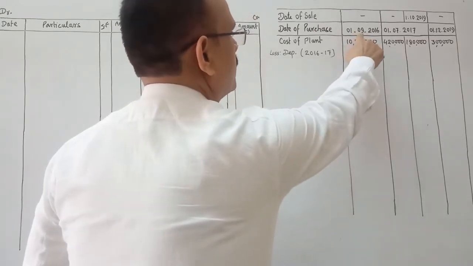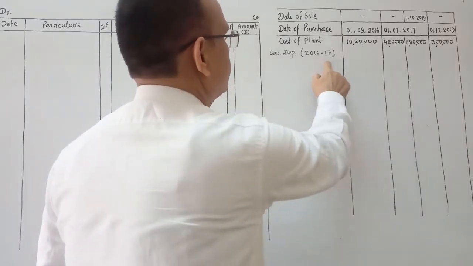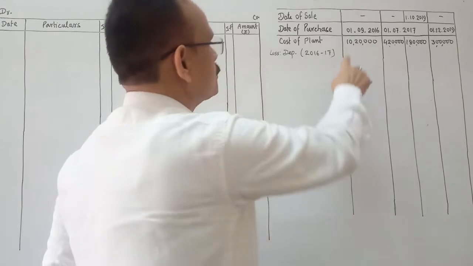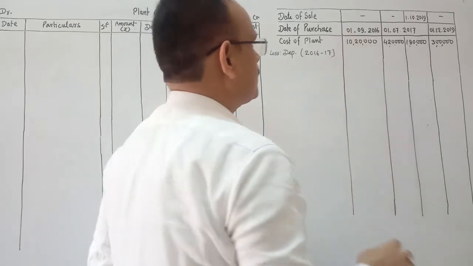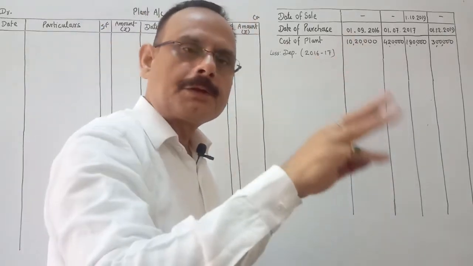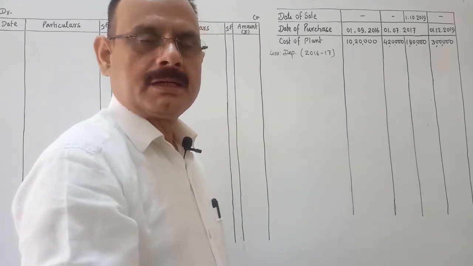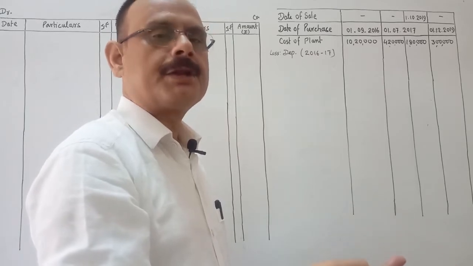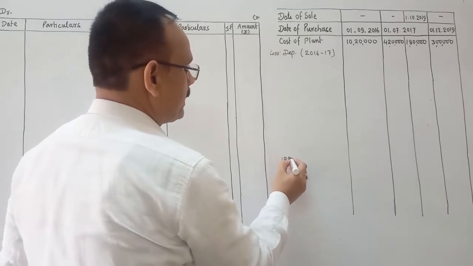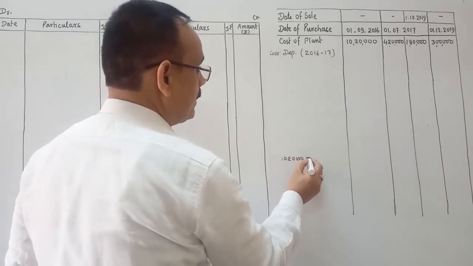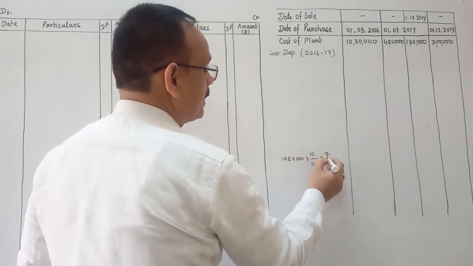This plant purchased on 1st September 2016 comes under this financial year 16-17. So 10,20,000 plant is purchased on 1st September, so 1st September to 31st March 2017. September, October, November, December, 4 months, and thereafter January, February and March, so 7 months. So we'll calculate the depreciation on this plant 10,20,000 at the rate of 10% for 7 months.